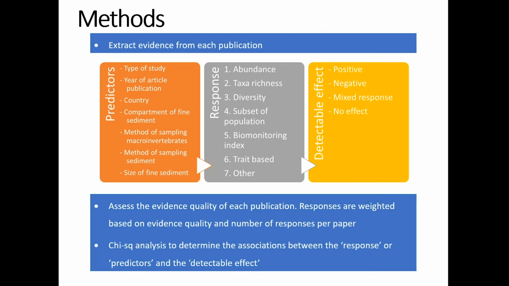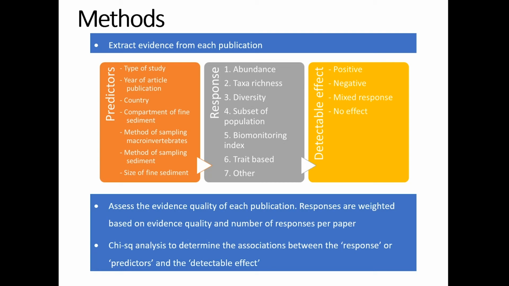The responses were the actual response of macroinvertebrates and how they define that. So this could have been abundance, which is just the absolute count of macroinvertebrates, taxa richness, diversity, so things like Shannon's index or Simpson's index, a subset of a population, which could be any number of families, like a single family or a group of families or even a single species.